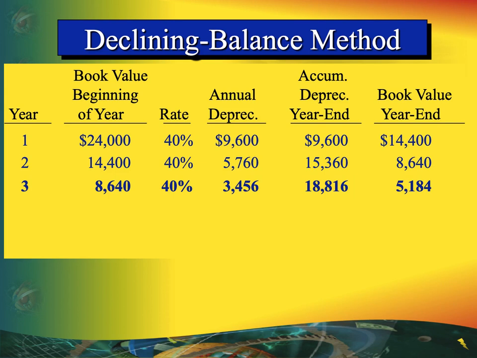After that, the accumulated depreciation year end is simply 9,600 plus 5,760 plus 3,456, which becomes 18,816, or 15,360 plus 3,456, it becomes the same, 18,816.